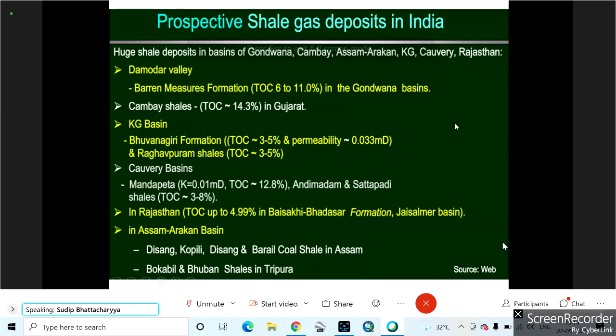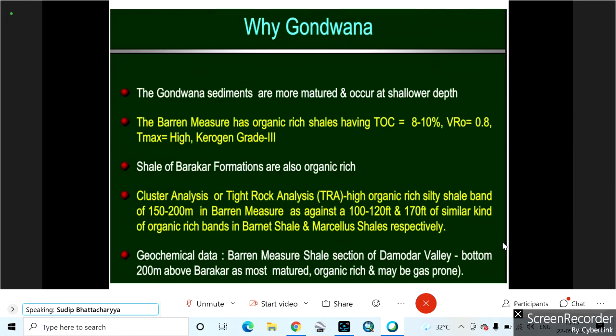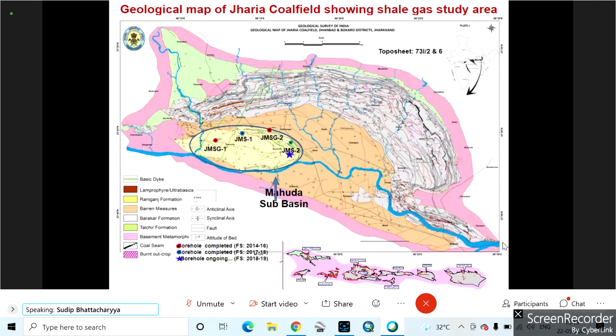And from our GSI, right now the sole exploration activity going on is in the Jhoria coalfield. What I have shown here, in the Gondwana, is just here in the Jhoria coalfield.